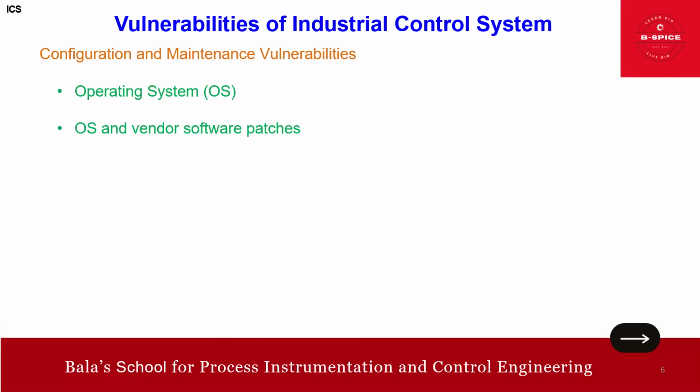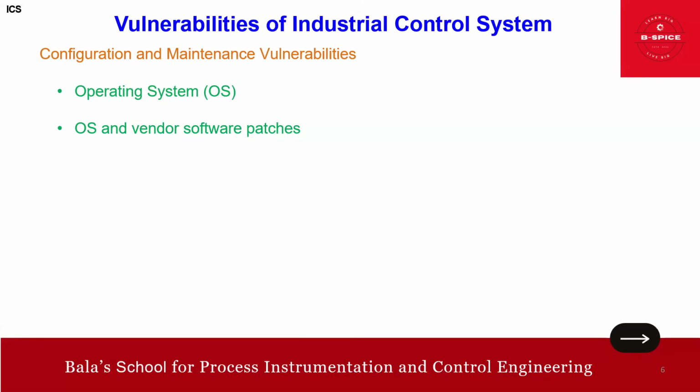Okay. Then OS and vendor software patches. Vendor software patches may not be developed until a considerable time after security vulnerabilities are initially discovered. Due to the close integration between the ICS software and the ICS infrastructure, any modification must undergo extensive and time-consuming regression testing, incurring significant costs.